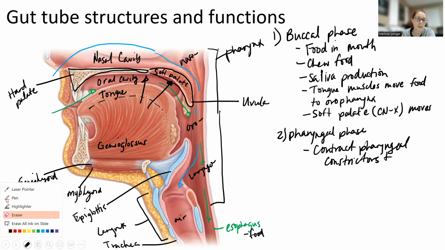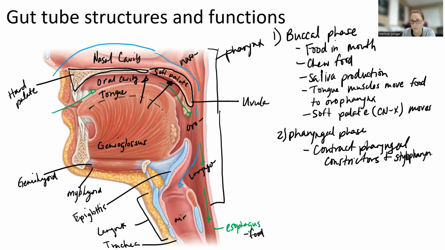Because remember, the stylopharyngeus muscle also helps us elevate the pharynx. So as you do that, the superior pharyngeal constrictor, which is roughly right about here, contracts, and then the middle pharyngeal constrictor here contracts, and then the inferior pharyngeal constrictor contracts as well. What this means is the muscles in the neck that help us elevate the hyoid have to move.